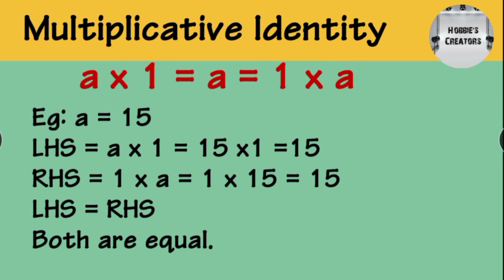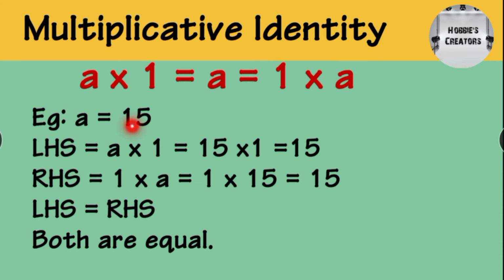Move on to multiplicative identity. So see here, in the previous video, introduction part 2, we saw additive identity, that is, 0 is the additive identity for an integer. But here, 1 is the multiplicative identity for integers. So a multiplied by 1 is equal to a, which is equal to 1 multiplied by a. We can see by an example here. a here is 15.